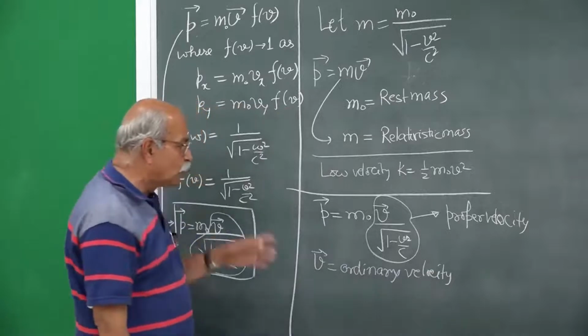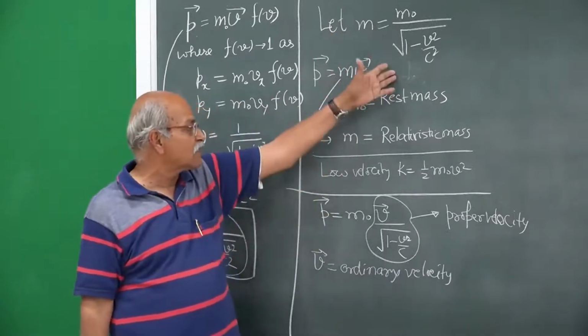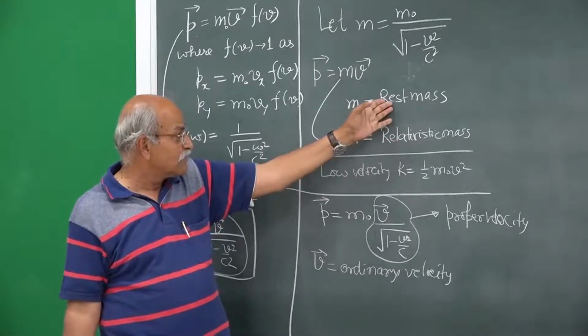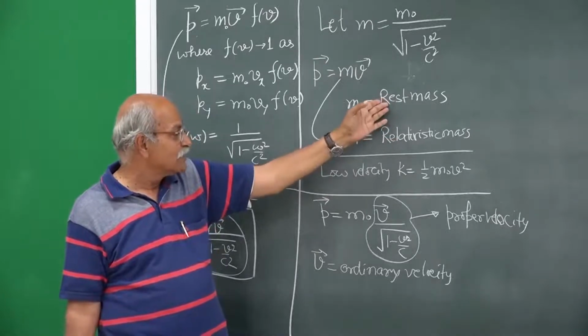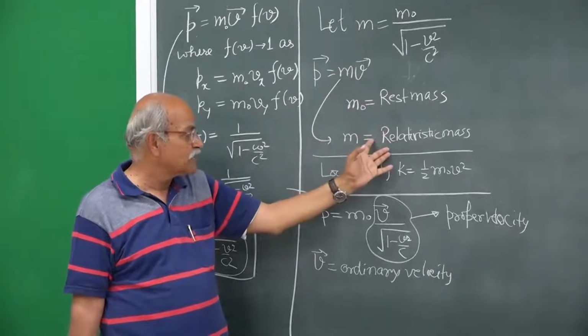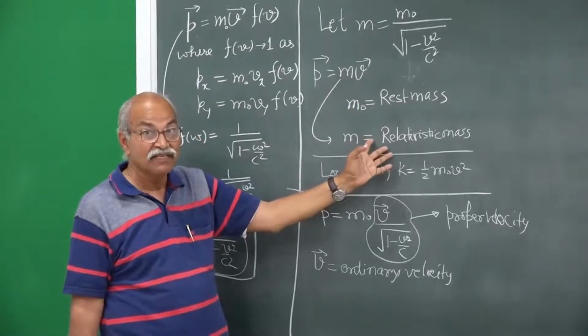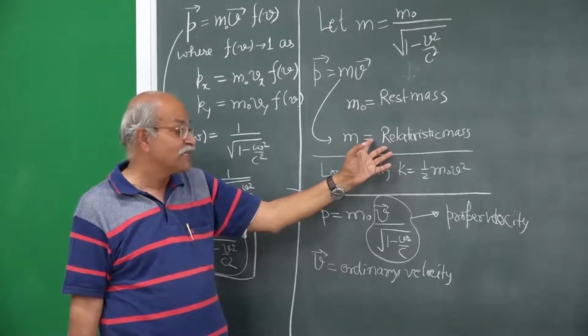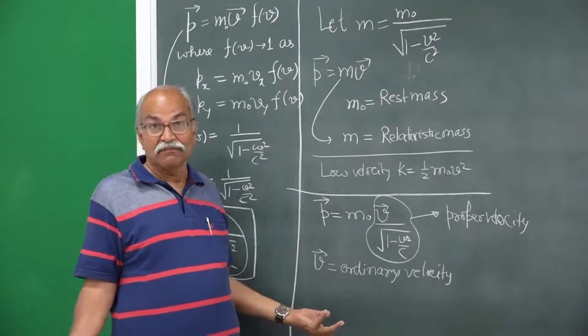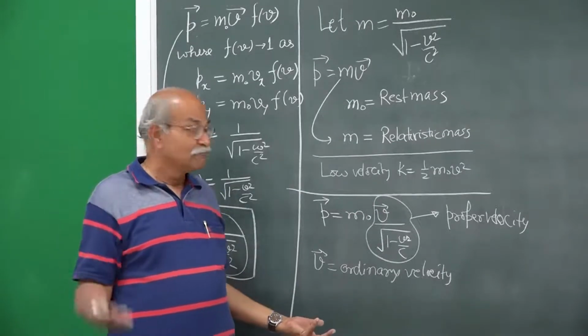Just like we had two kinds of masses, rest mass and relativistic mass, the Newtonian mechanics knows only the one mass. In relativity, we have the rest mass, and on top of this we define relativistic mass. Similarly, in Newtonian mechanics we have velocity as we know it, vector dr by dt.